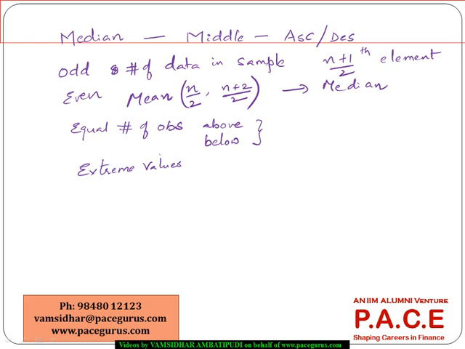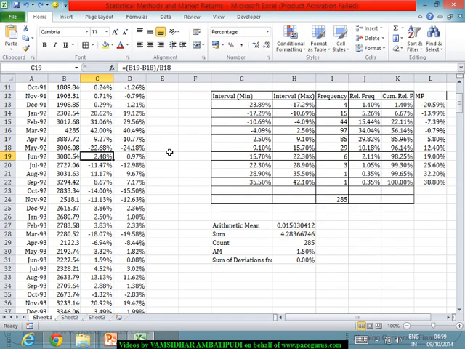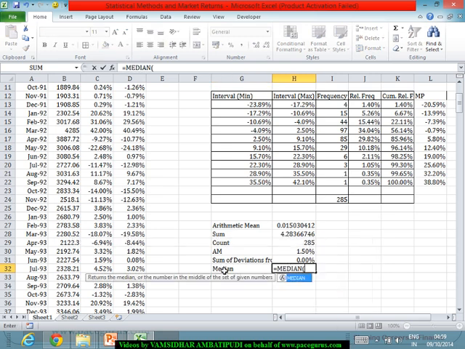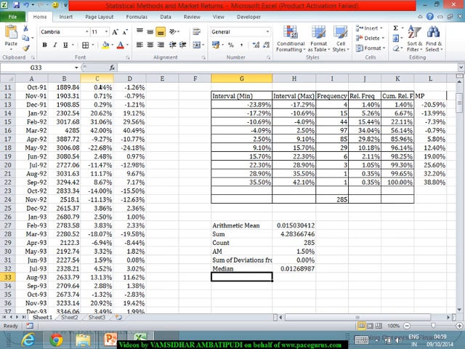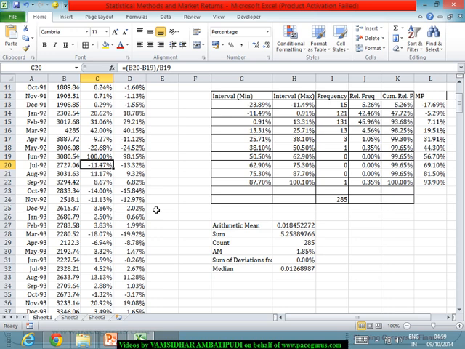Even if I look at the computation here, I need not arrange the data and pull out. I have a direct formula, but just to understand it, let's say I am taking the median of the returns. Okay, I am getting 0.012, fair enough. But the same logic, instead of 2.48 here, if I had taken 100, my median did not change in any way.